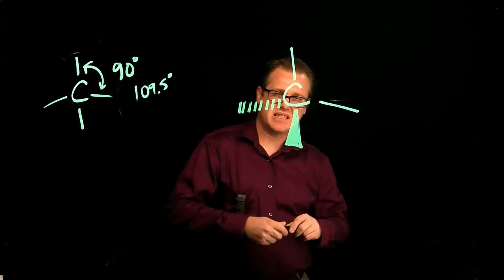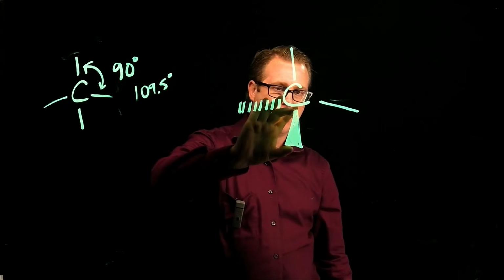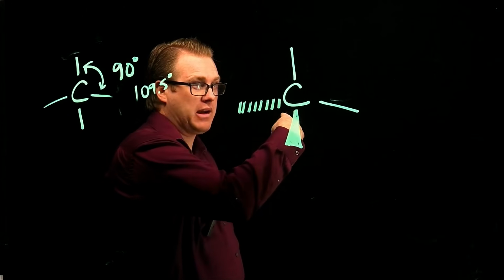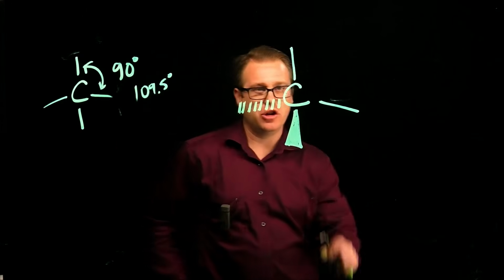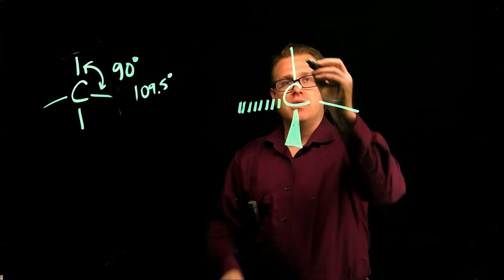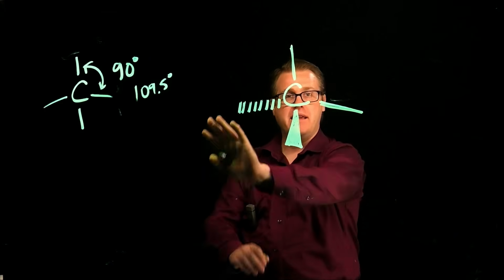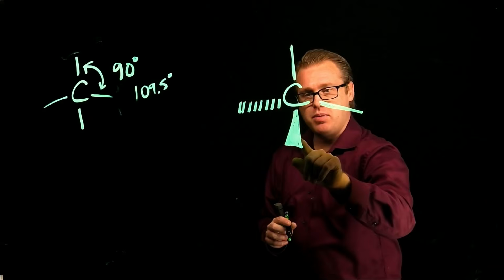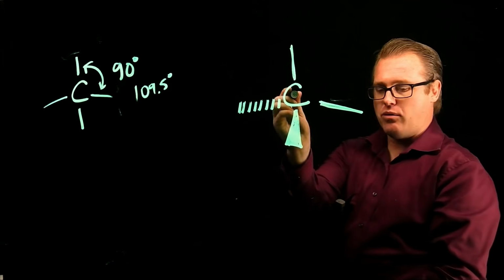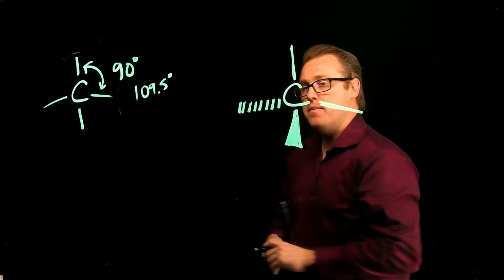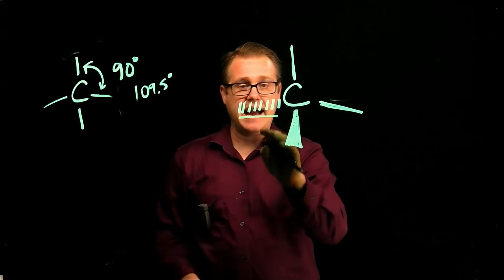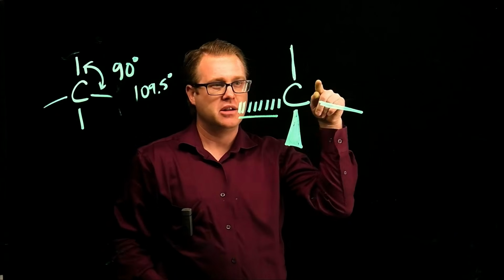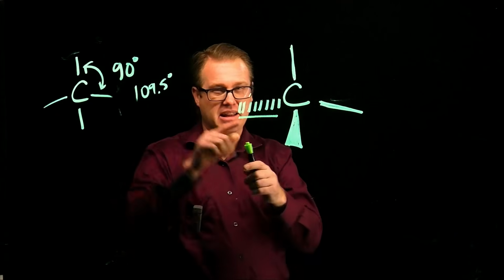This wedged bond is coming out of the plane, out of the board at you. So if I'm looking at this molecule, these 2 bonds right here are in the plane of the board or the plane of the glass. And this bond right here is sticking directly out of the glass. And then this dashed bond is pointing in the opposite direction of the wedge, going out of the board in that direction.